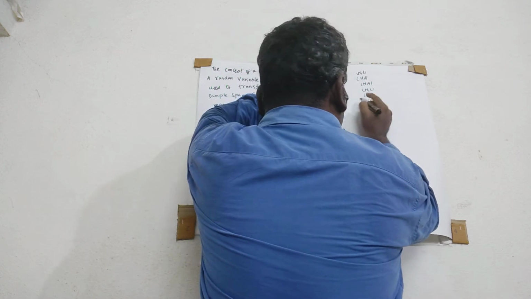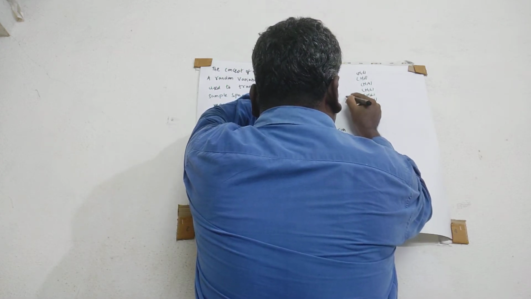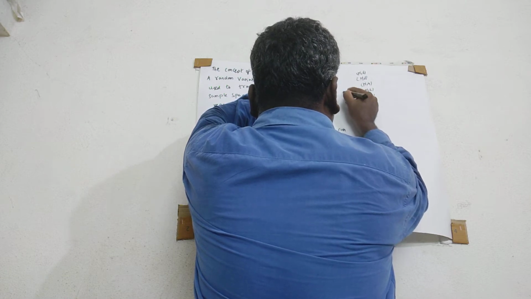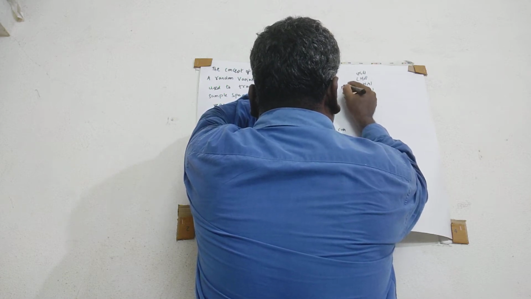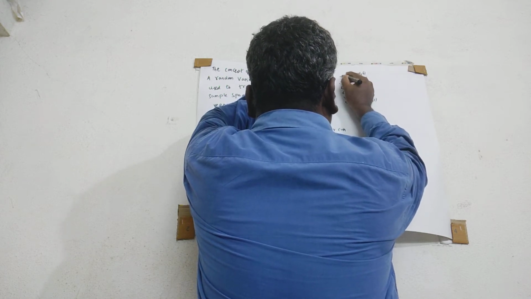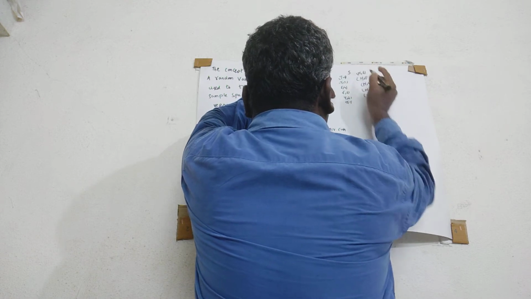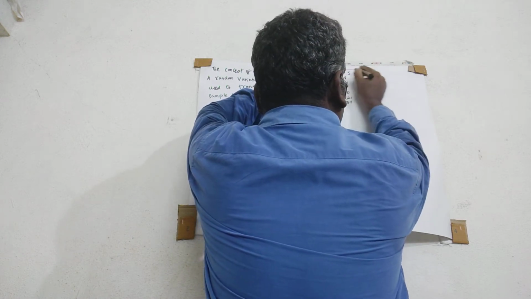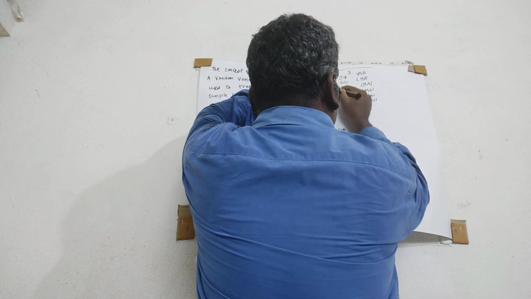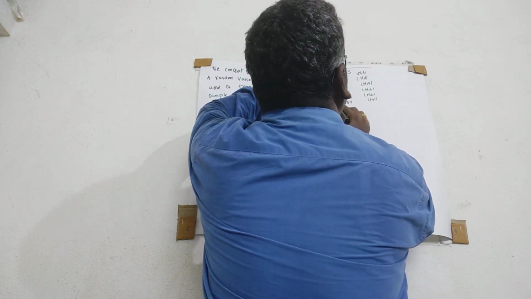If tail occurs, what are the events here? T comma 1, T comma 2, T comma 3, T comma 4, T comma 5, T comma 6. This is the sample space. All these are represented within a rectangle box.